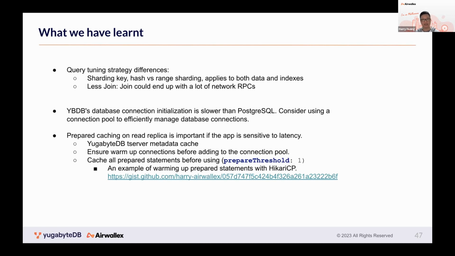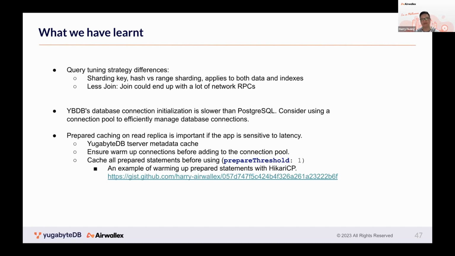So it's suggested to use a connection pool to manage the connections efficiently. And another thing I would like to mention is caching. Ron just mentioned that Yugabyte already implemented some T-server caching and metadata caching. That's critical to the latency.